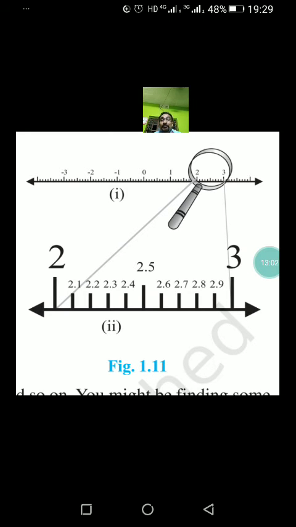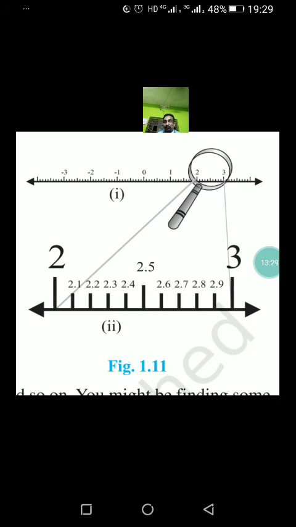2.5 lies between 2 and 3, in the region between 2 and 3. We divide it into 10 parts and we locate 2.5 between 2 and 3, exactly in the middle.